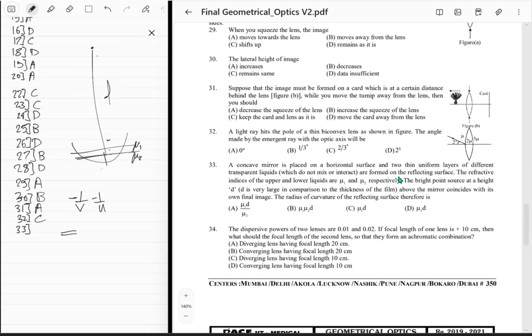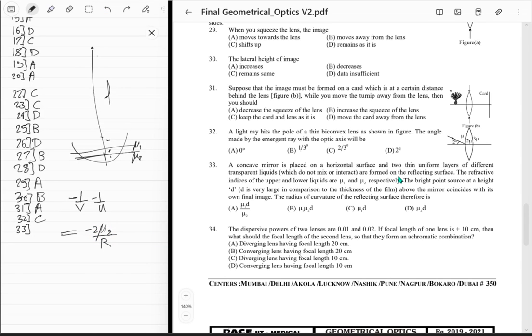And then the other surface as well just has 0. And then you're going from mu2 to negative mu2 with a radius of curvature r over here. So it's like negative 2 mu2 upon r. Then you are going back once again 0, then once again 0. So this is the whole thing. That's our formula for this kind of system.